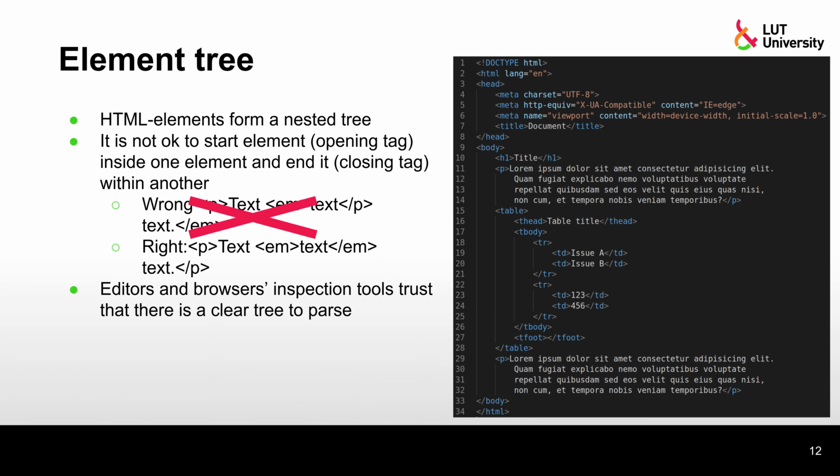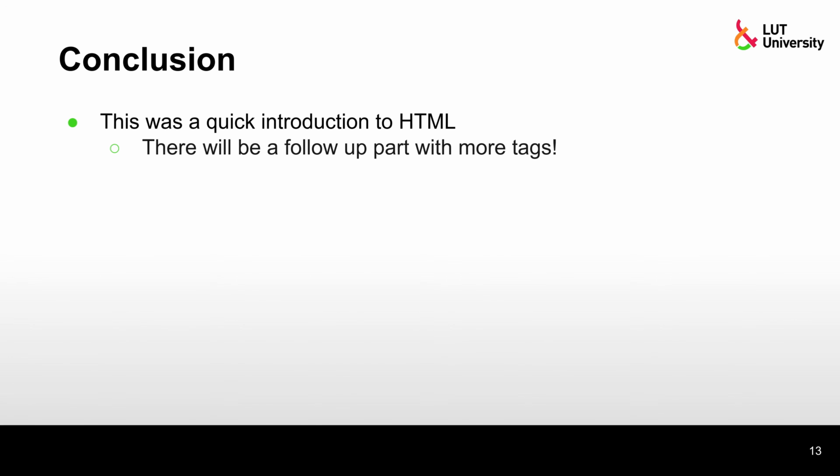In HTML5, the default way, if the browser meets something that it doesn't know, it just skips it, but that's basically not always the case. So, as a conclusion, this was a quick introduction to HTML, and there will be a follow-up part with more tags, of course. And you can validate your code with a validator.